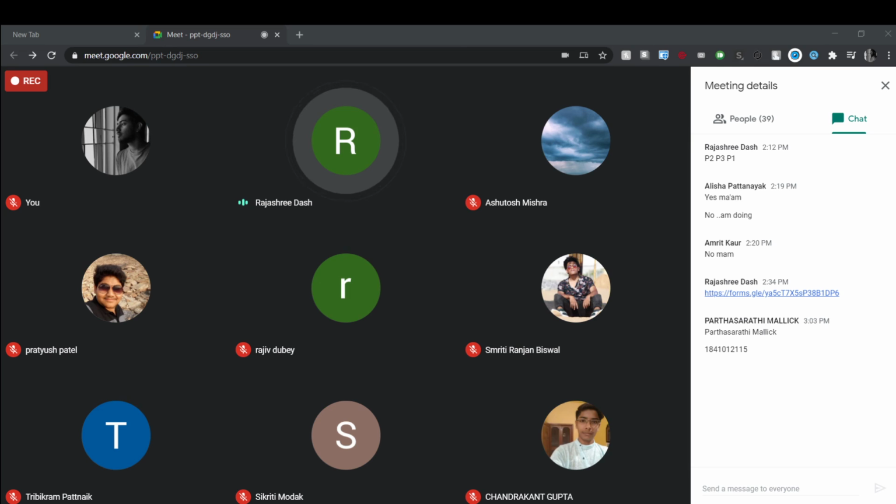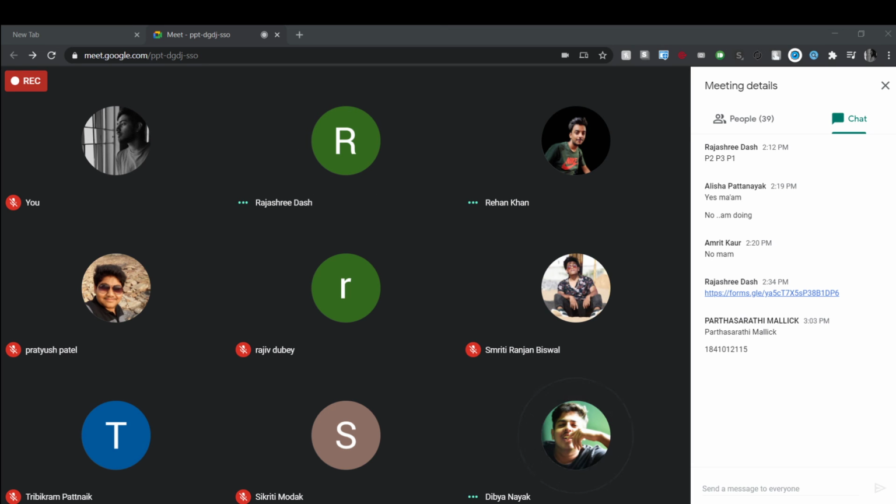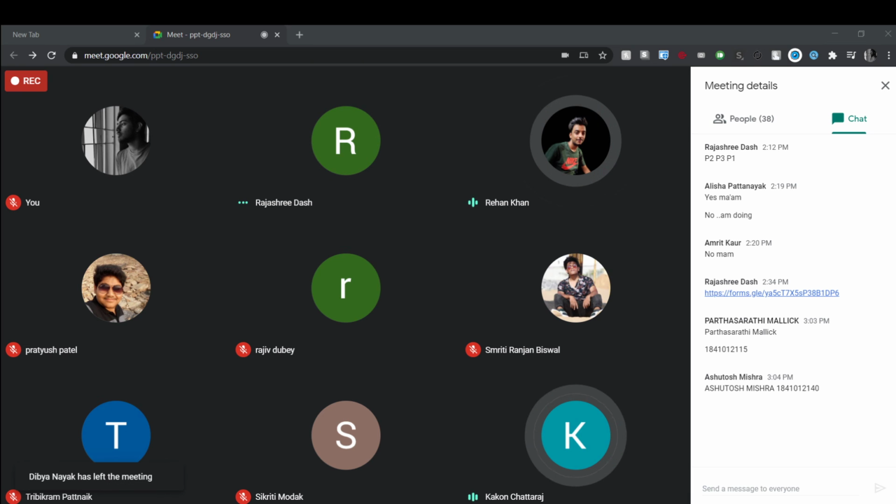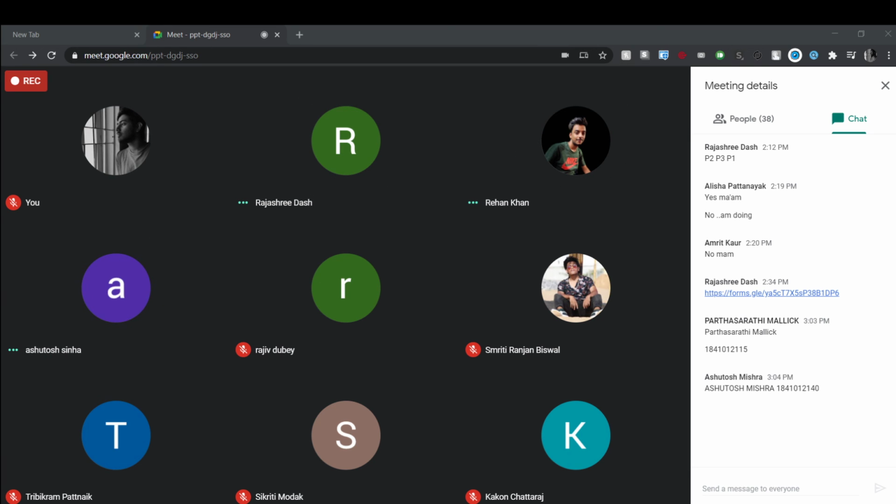Divya Prakash Naik, present, ma'am. Ashutosh Sinha, present, ma'am.